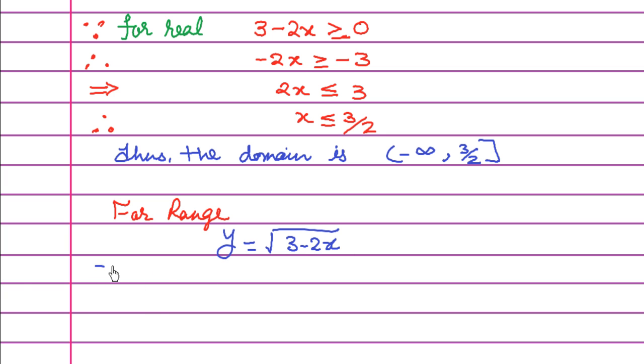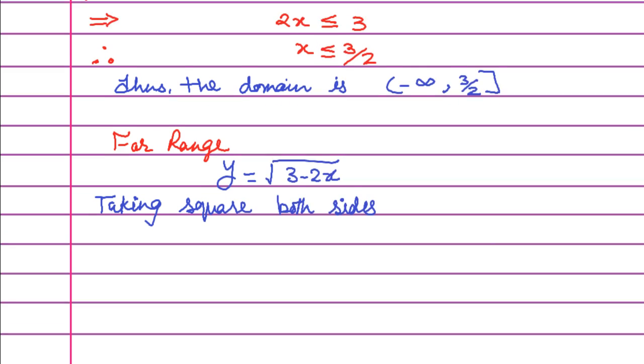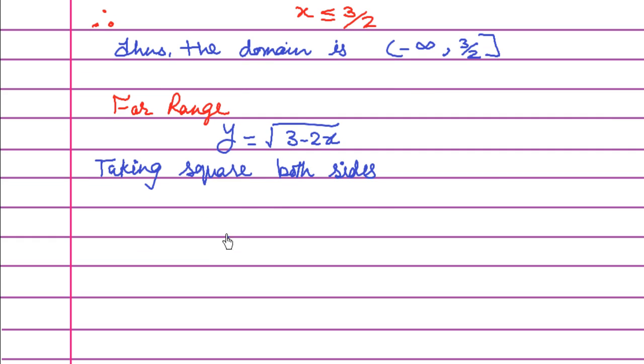Taking square on both sides, we get y square is equal to 3 minus 2x.